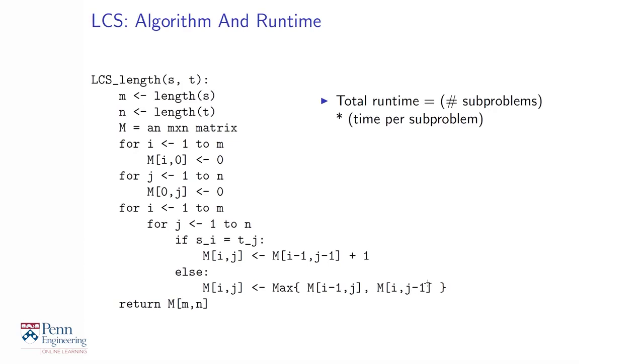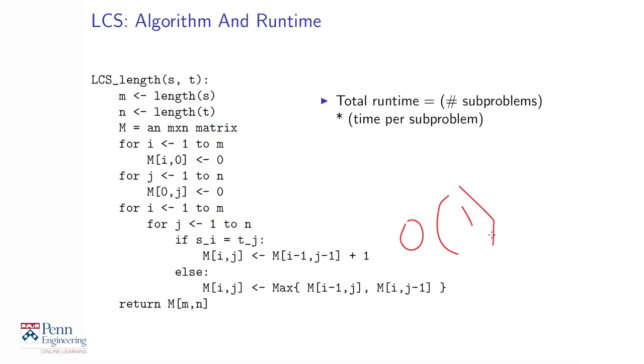For the time it takes to solve a subproblem, you can see that it's just a few steps. For any subproblem i,j, we do one if-then-else, and within the then clause and the else clause, there's just one statement that's executed. So this is what's called constant time, or order 1 time, to solve any one subproblem.